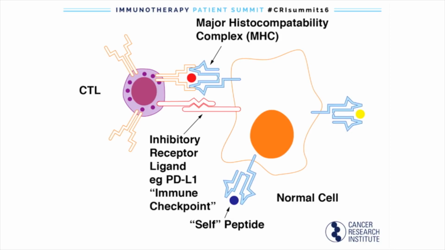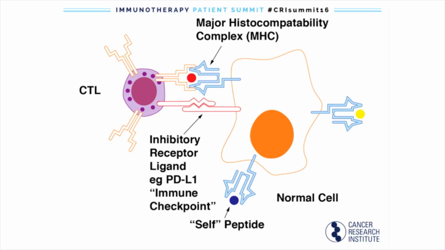And if you've ever heard about tissue typing, what they're talking about is major histocompatibility typing. So in this cartoon, you can see that on the MHC, there's little red, blue, and yellow bits of self proteins, or self antigens, which are normal, and they should not provoke an immune response.